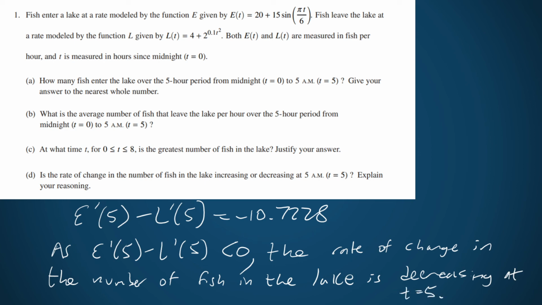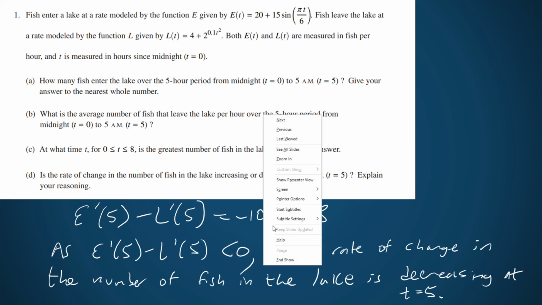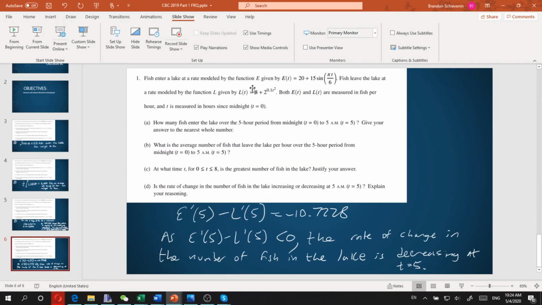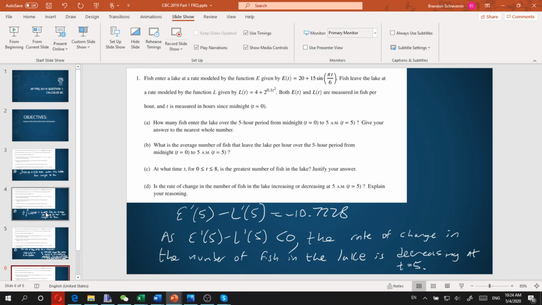Any questions on anything we did? No. Okay. So I'm going to have us finish off FRQ numbers 2 and 3 from last year for the homework. These are the most recent questions.